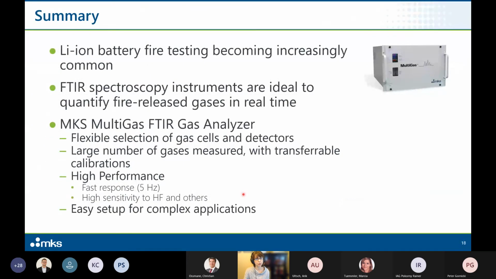So in summary, lithium-ion battery fire testing has become increasingly common in the last year and a half.